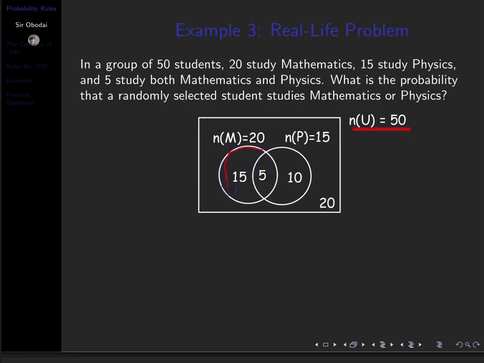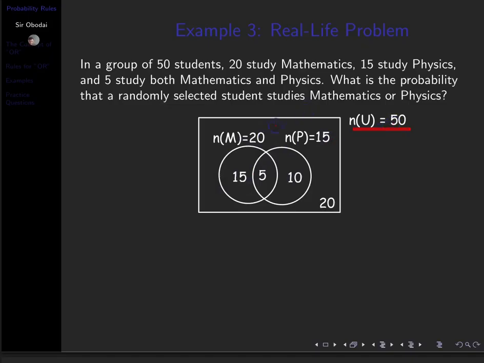And if this whole circle here is supposed to give us 20, we already have 5 here, then this is supposed to be 15, right? The same way, this whole circle here is supposed to give us 15, whereas we have 5 here already. Then the remaining here should be what? 10, right? Now, if we are to add everything here, we are supposed to get 50.